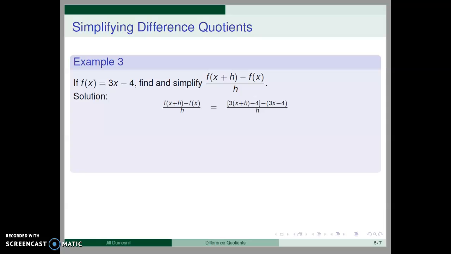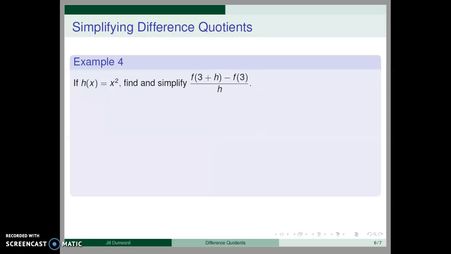Also note that we are careful with the use of parentheses. Next, we distribute, collect like terms, and cancel the h. The important aspects of this example are correct function evaluation, appropriate use of parentheses, and careful simplification.